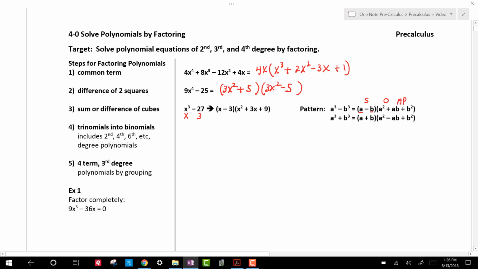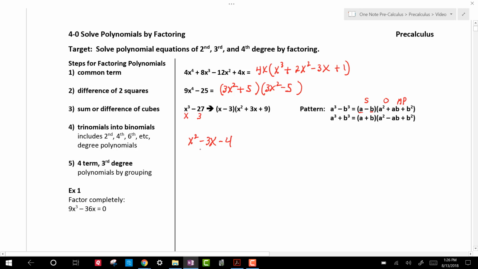All right? Number 4, trinomials into binomials. So a trinomial is something that you're familiar with, and this is going to be something simple like, for instance, I don't know, x squared minus 3x minus 4. Okay, so that's a trinomial. That's a second degree trinomial, but we're going to look at 4th degree, 6 degrees, that kind of thing.